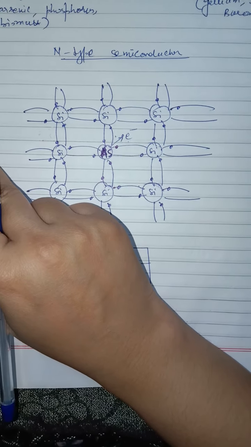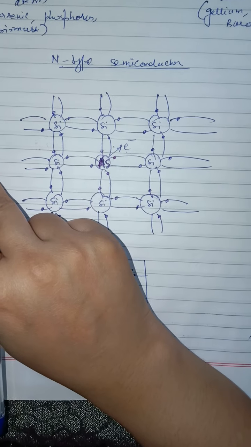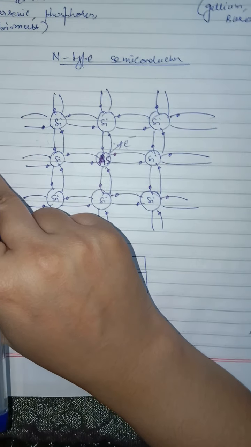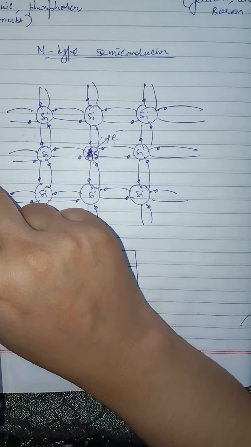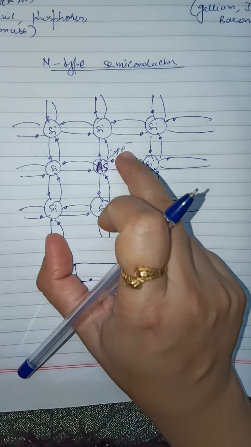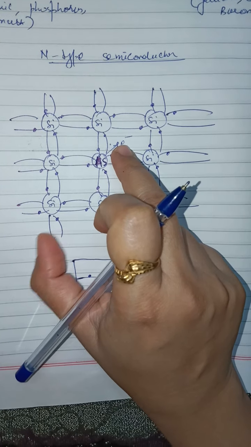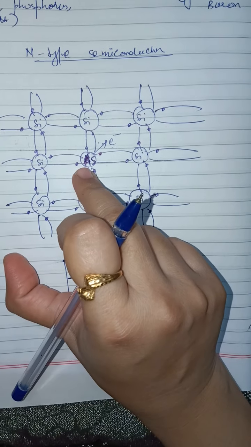That means they have 5 valence electrons. Out of those 5 valence electrons of arsenic, 4 form covalent bonds with the 4 neighboring silicon atoms, while the 5th electron therefore remains very loosely bound to this arsenic atom.